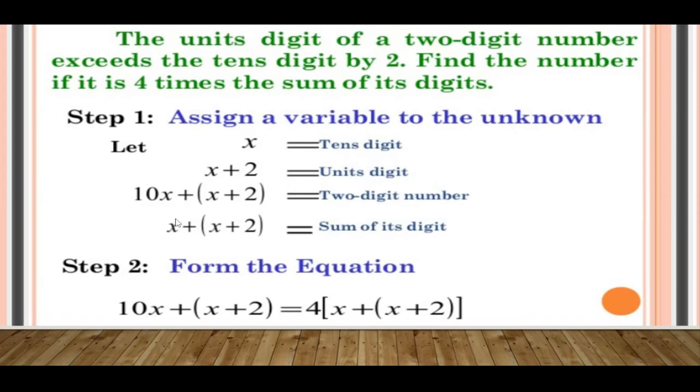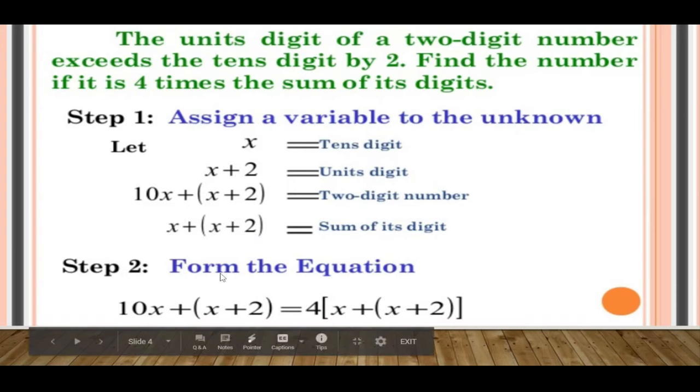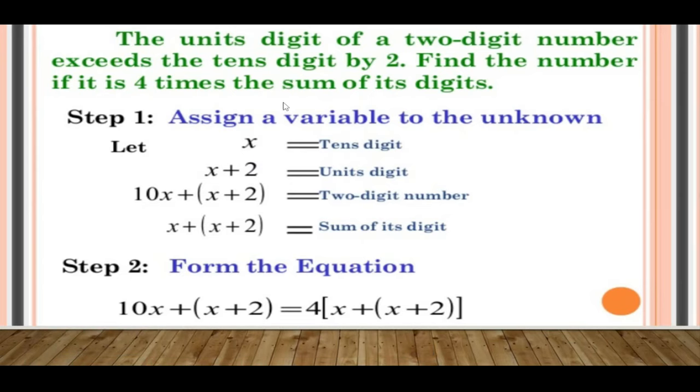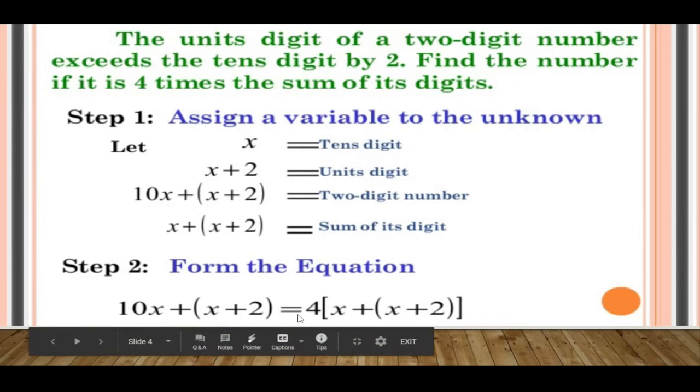So it will be x plus x plus 2, correct? Now we'll be forming the equation. So as given in the question, the relation is, the number is 4 times the sum of the digits. The number 10x plus x plus 2 is equals to 4 times the sum, which is 2x plus 2.